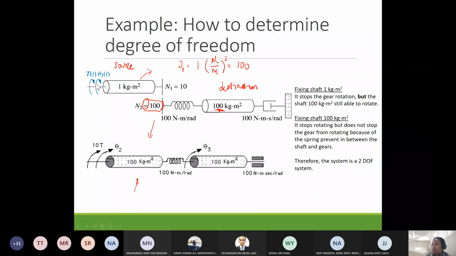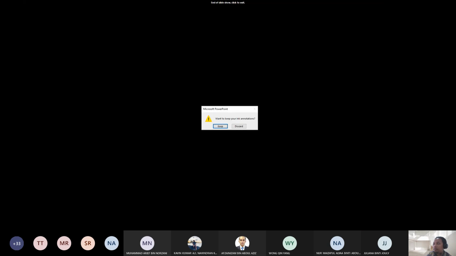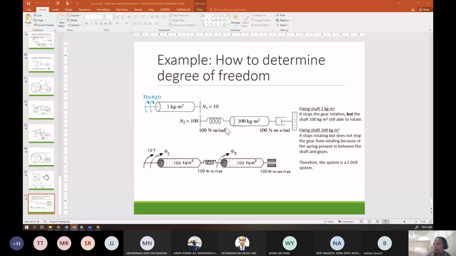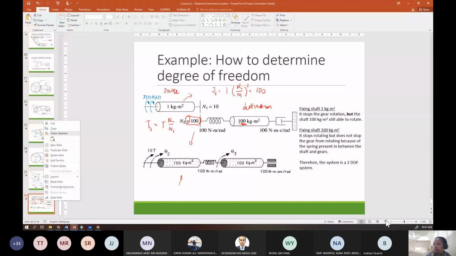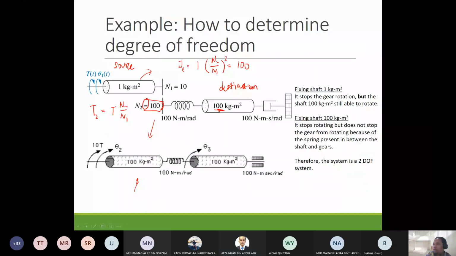If you transfer the torque, let's say T2, T2 equals T times N2 over N1, so you get 10T here.